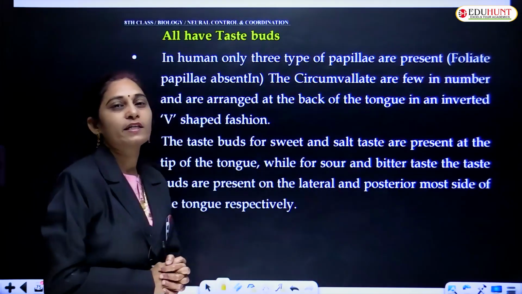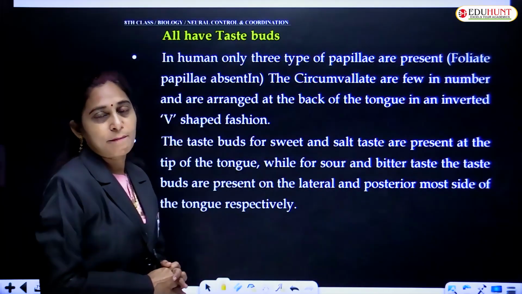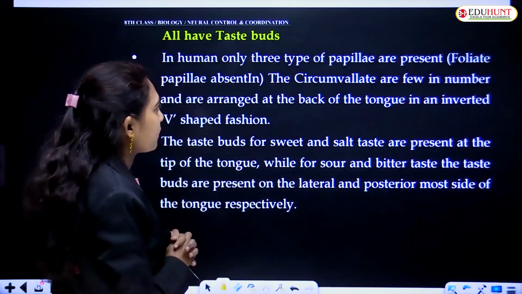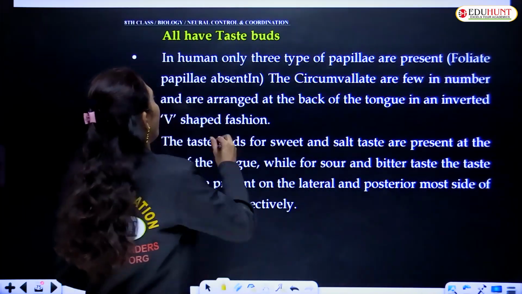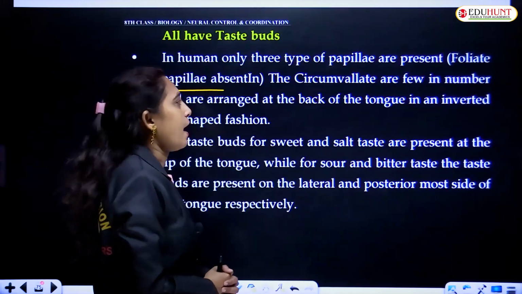In humans, only 3 types of papillae were identified. Foliate papillae are said to be absent.